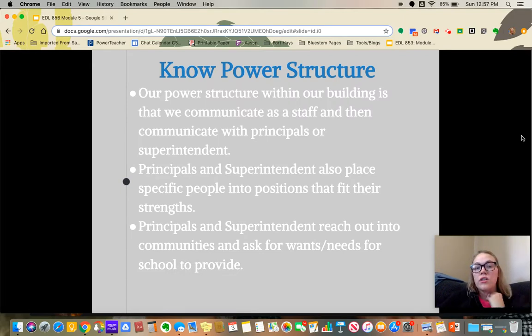Knowing our power structure, we communicate as a staff and then we communicate with our principals and superintendent. Our principals and superintendent really do a great job of putting people in places to fit their strengths.